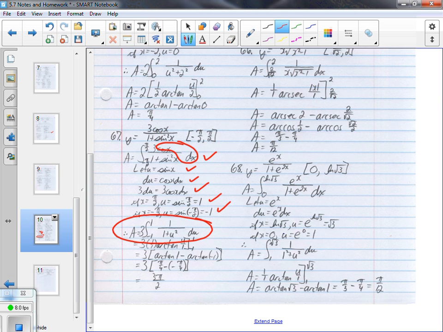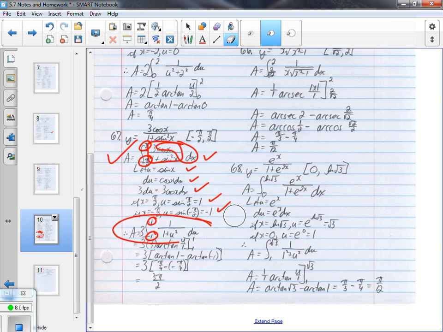Can you follow me on the substitution? I'm substituting it into right here, except I've changed my limits of integration. So that becomes that one, that one. All right, then I'm substituting right there. Okay?